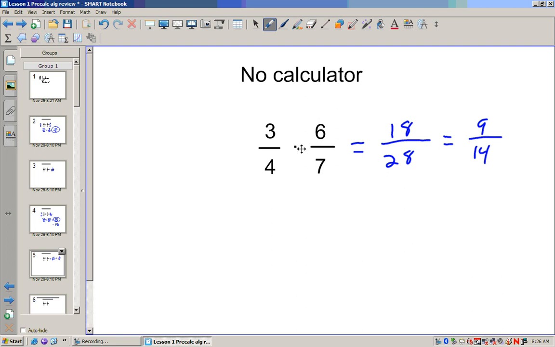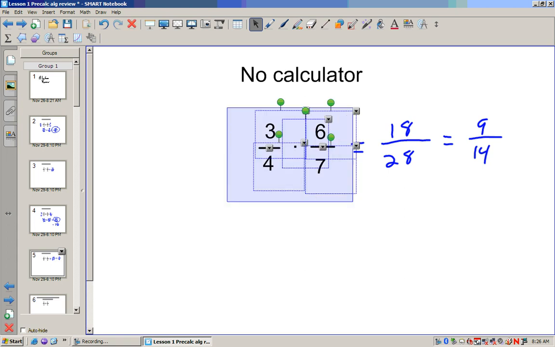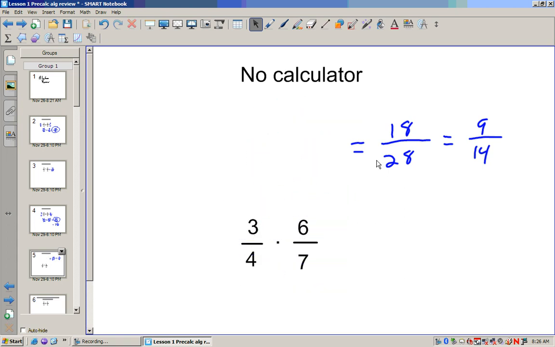Great. Now if I wanted to do this again, let's see if I can just take this, move it down. There's an easier way. Now 3 doesn't divide by 4 and 6 doesn't divide by 7, but this would be 3 times 6 over 4 times 7. So really, we could just cancel this out and say what's 6 divided by 4?